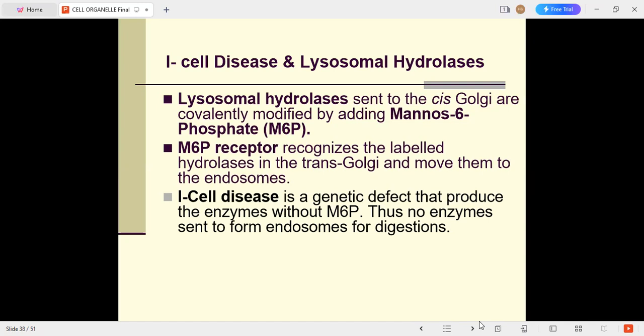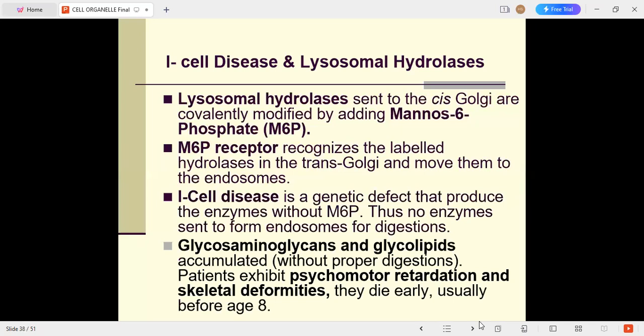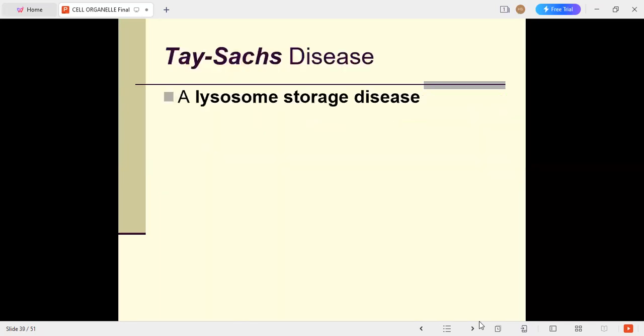So there will be no enzyme sent to form the endosome for digestion. Glycosaminoglycans and glycolipids accumulate without proper digestion. So the patients exhibit psychomotor retardation and skeletal deformities, and they die early, usually before the age of 8.